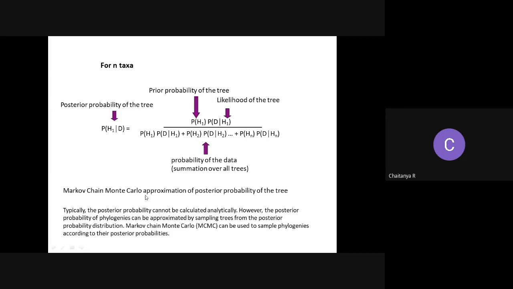So, the Markov chain Monte Carlo approximation of posterior probability of trees: the posterior probability of phylogenies can be approximated by sampling trees from the posterior probability distribution. We will see what that actually means in some of the forthcoming charts. And Markov chain Monte Carlo can be used to sample phylogenies according to their posterior probability. I think it's basically the same thing.